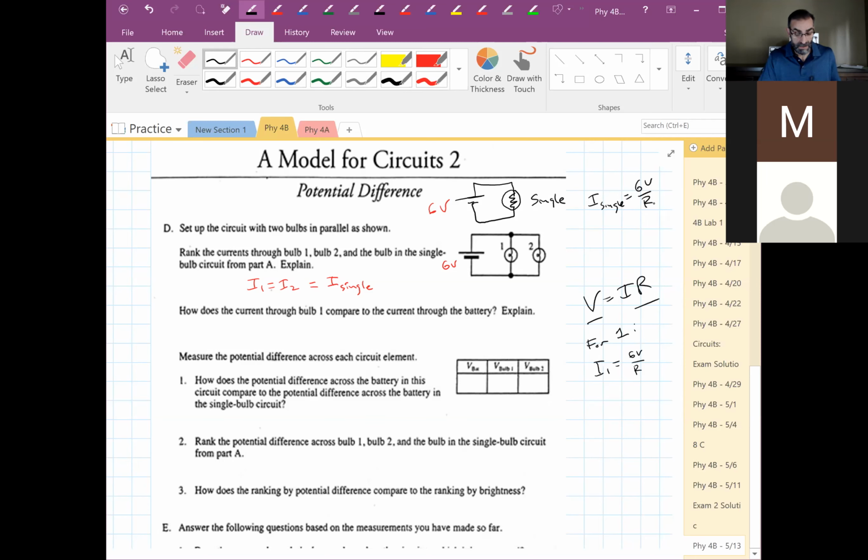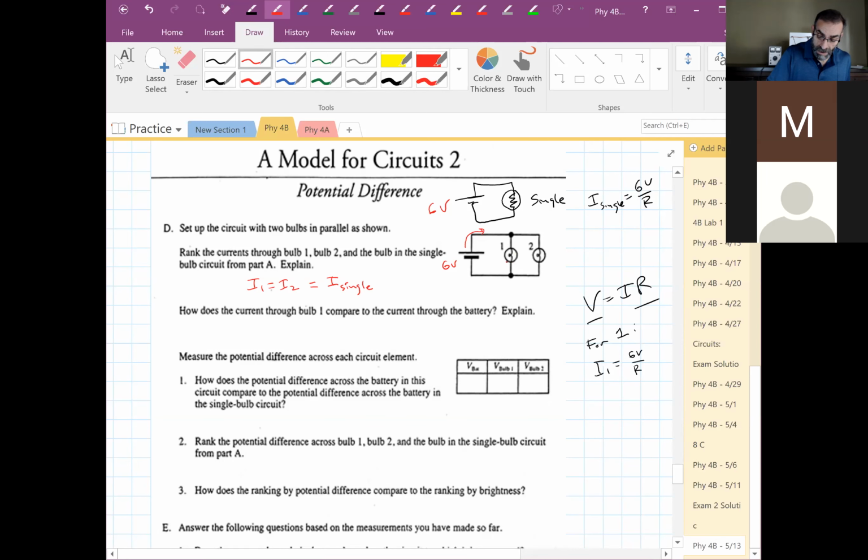Now it says, how does the current through bulb 1 compare to the current through the battery? So we have current through the battery.